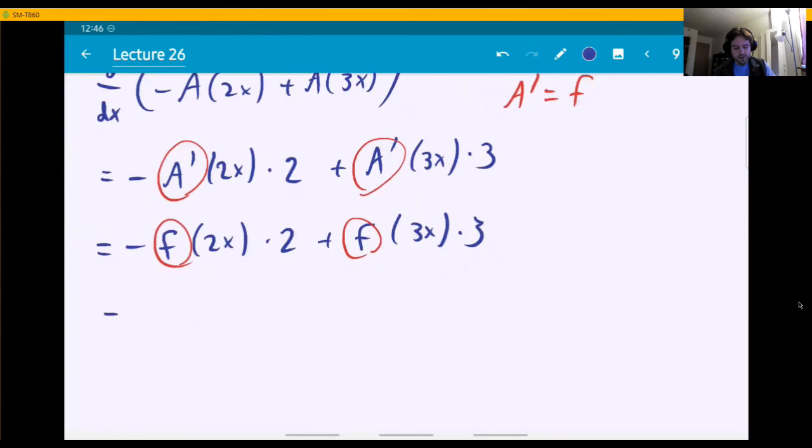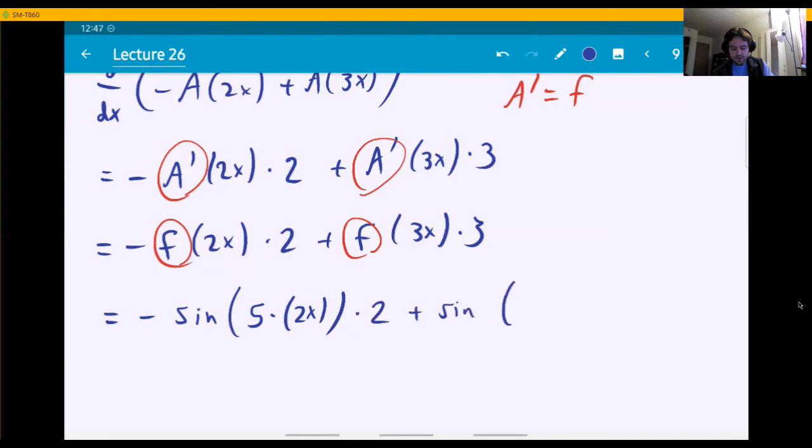And now let me just replace f with what it actually meant. Remember, f was the sine of 5t function. So if you're plugging in 2x for the argument of f, it goes in the location of the t. And similarly for the other one, sine of 5 times the t, in this case is the 3x.